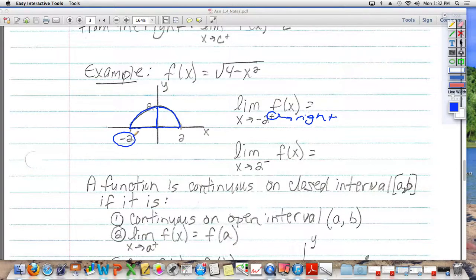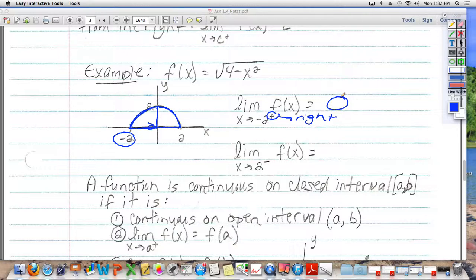So when you're coming in from the right, you have to start over here and you have to head in, head in, head in. What y value are we approaching as we get closer to that x value of -2? 0. We're approaching a y value of 0. Very good. So the limit, and this is not in your notes, you're going to probably want to add this, I just left it equals. It is approaching 0.